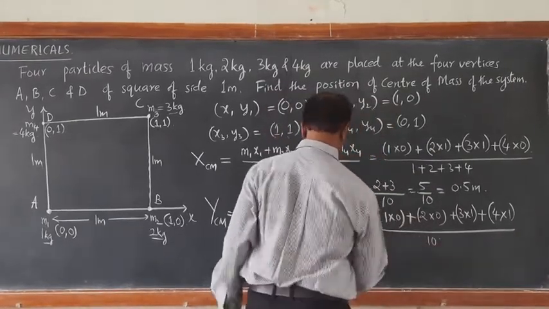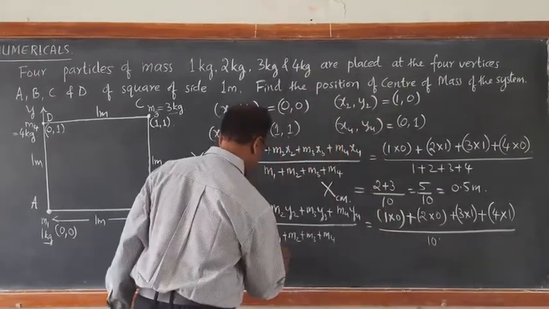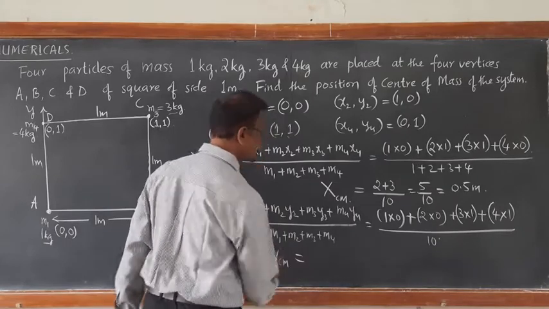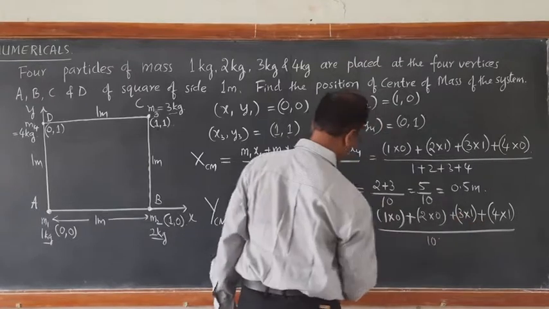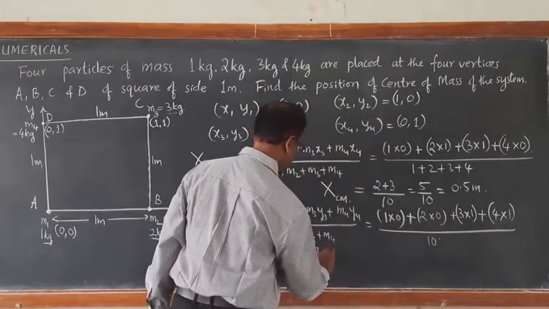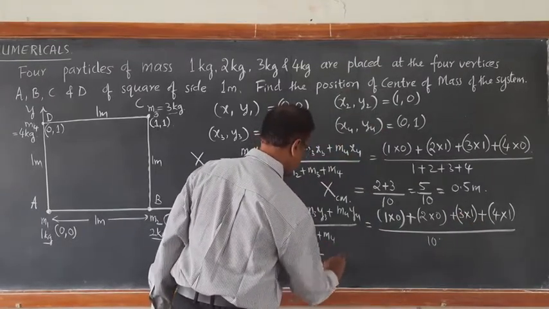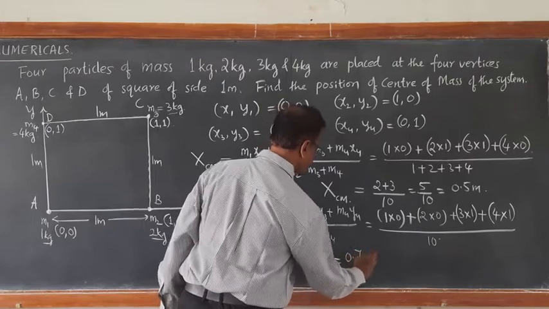So thus y coordinate of center of mass becomes 0 plus 0, 3 plus 4, 7. 7 divided by 10. 7 by 10 implies 0.7 meter.